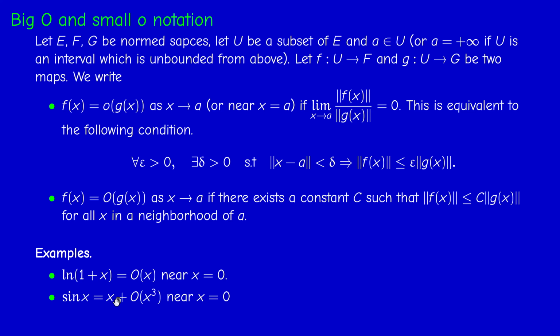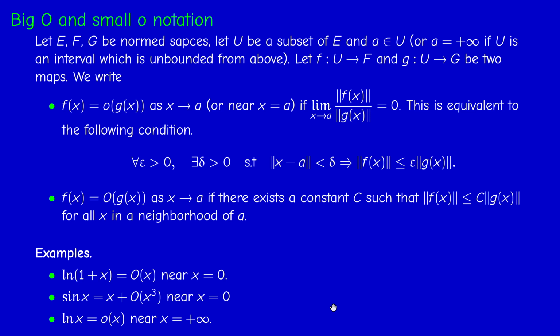Sine x can be written as x plus big O of x cubed near 0, because this is the Taylor series of sine. So you can think of this as higher order terms, if you like. Now, near infinity, ln of x is a small o of x. Why? Because ln of x over x tends to 0 as x tends to infinity. Okay.